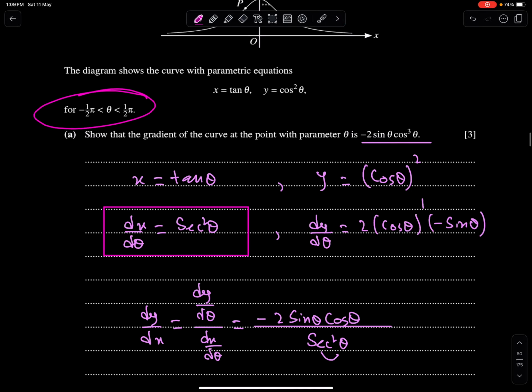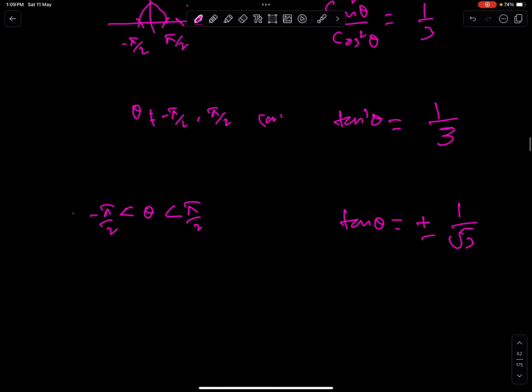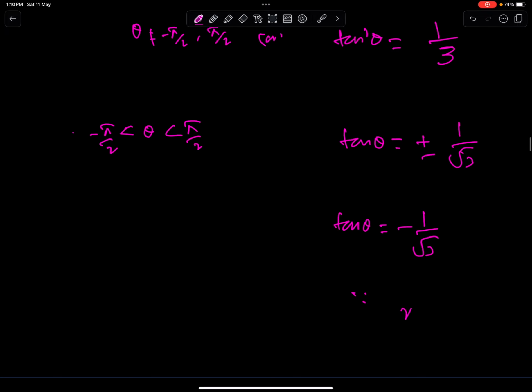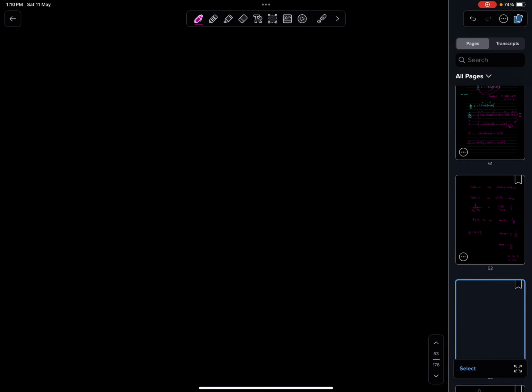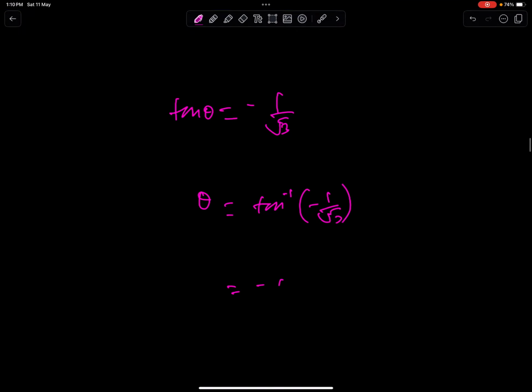But see, the x coordinate of P is negative, so we have to ignore the positive number. So we have just tan theta equal to negative 1 upon root 3 because x of P is negative. Therefore, when we take the inverse of this, we get minus pi by 6.